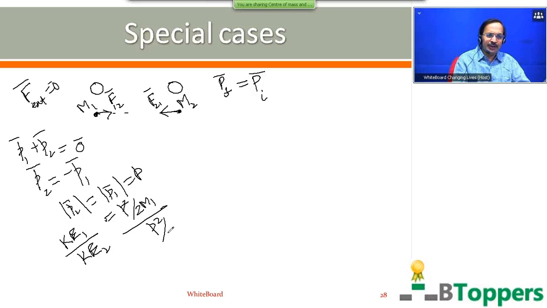The kinetic energy of the second particle of mass m2 can be written as p square by 2m2. That means the ratio of the kinetic energies of the two particles at a later instant before they collide with each other, when they move only under the action of mutual internal forces, will be equal to the inverse ratio of their masses.